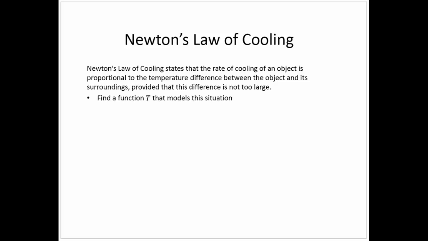Okay, so let's be a little bit more careful. I'm going to let capital T represent the temperature of the object. We'll let little t represent the time. I'm going to let T sub s represent the temperature of the surroundings.